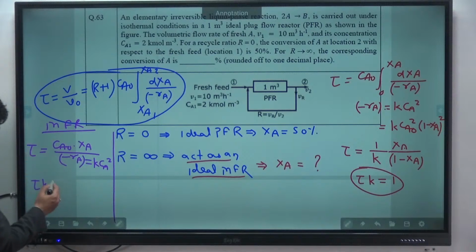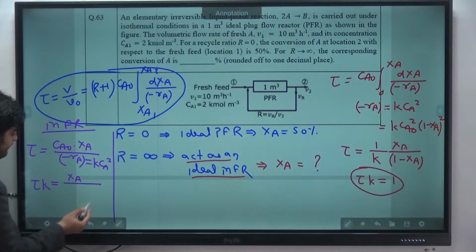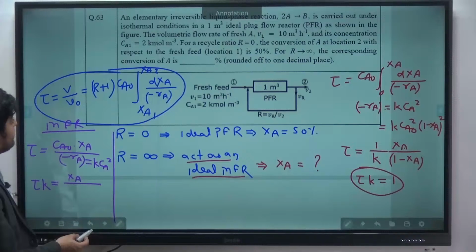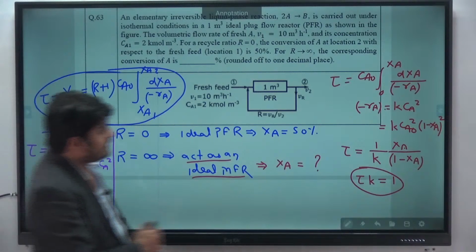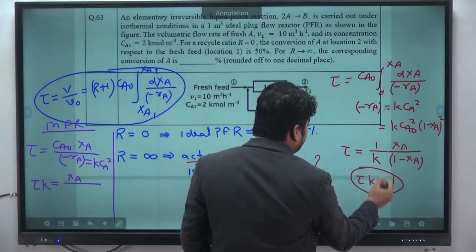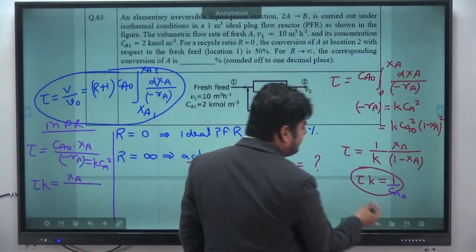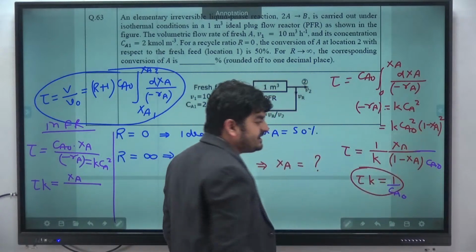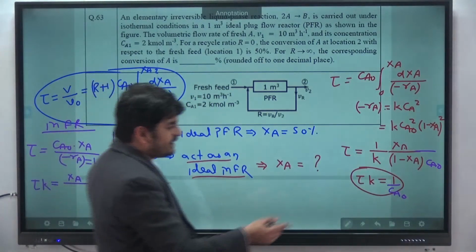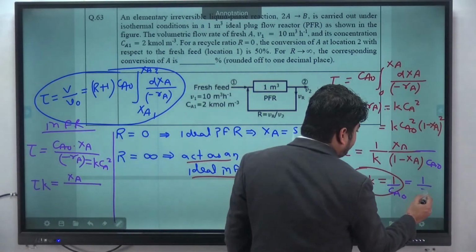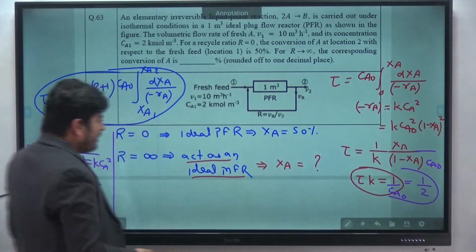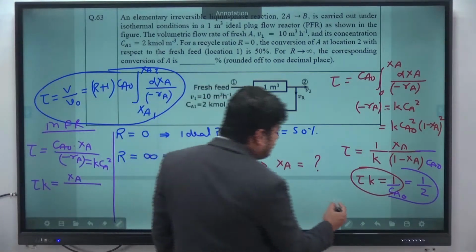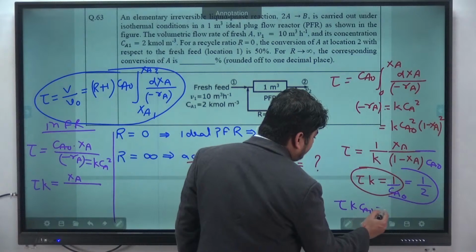So K will go on the left hand side, and the equation will become tau K equal to 1 by Ca naught. Ca naught will remain, as this is Ca naught and not a square. Ca naught is given as 2, so this value will be 1 by 2. Or even if you don't put the value, you can say tau K Ca naught equal to 1.